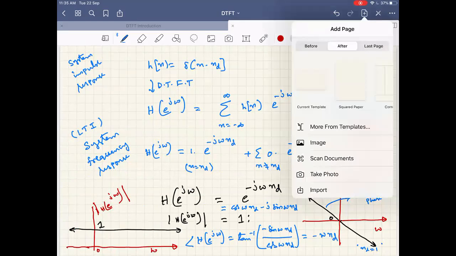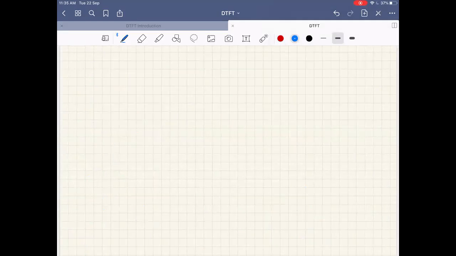Let us see a few more instances of the use of the discrete time Fourier transform. So now let us take a system whose frequency response is given.